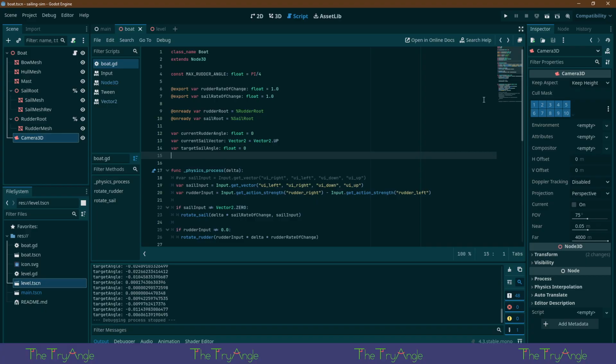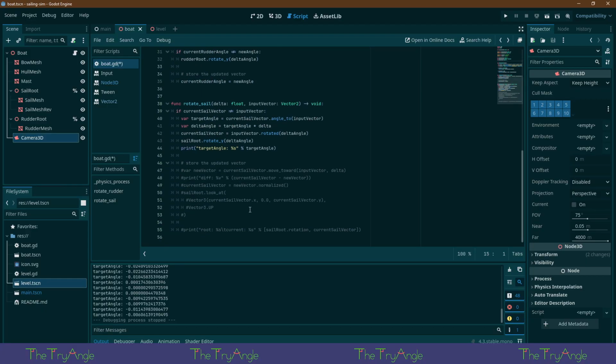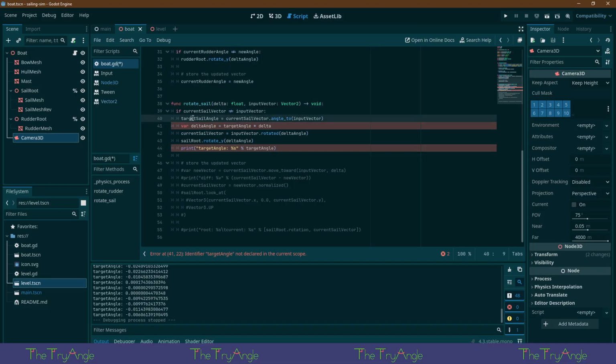All right, I'm going to do this again. All right, target sail angle. If it's different from the input, we have a new target.